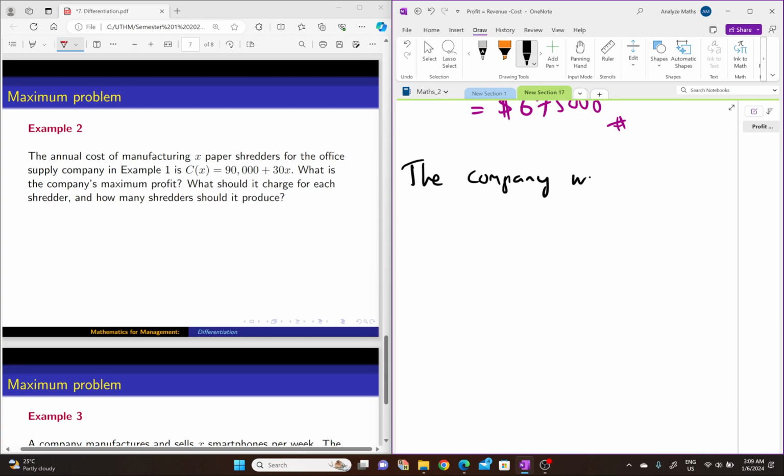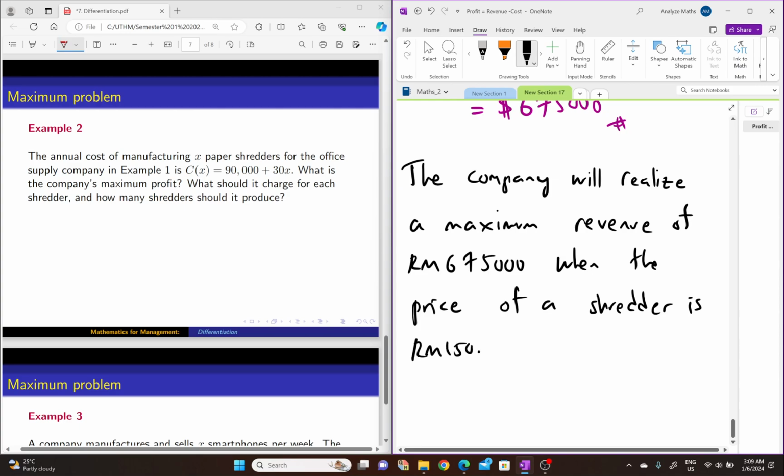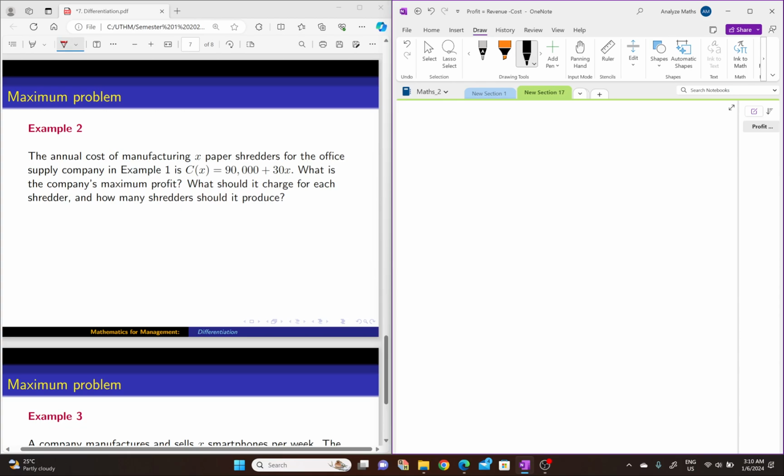The company will realize a maximum revenue when the price of a shredder is 150. That is the explanation.